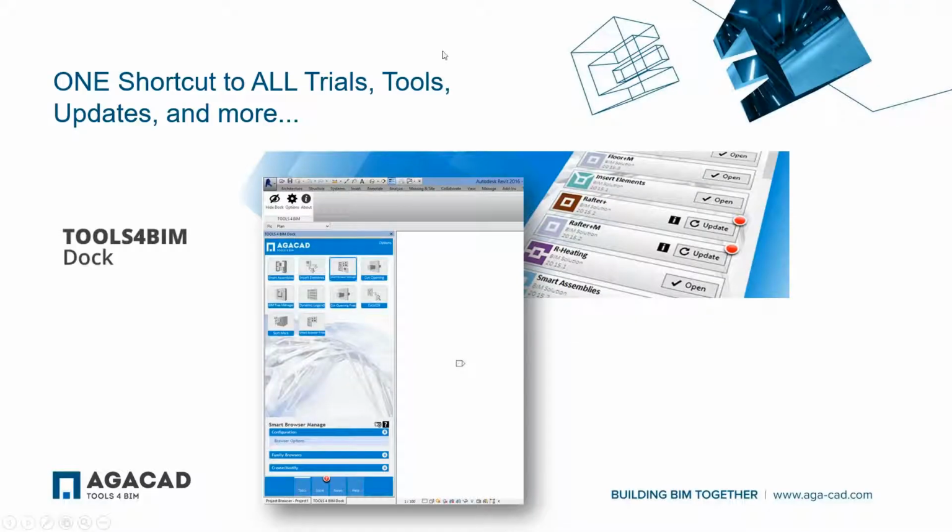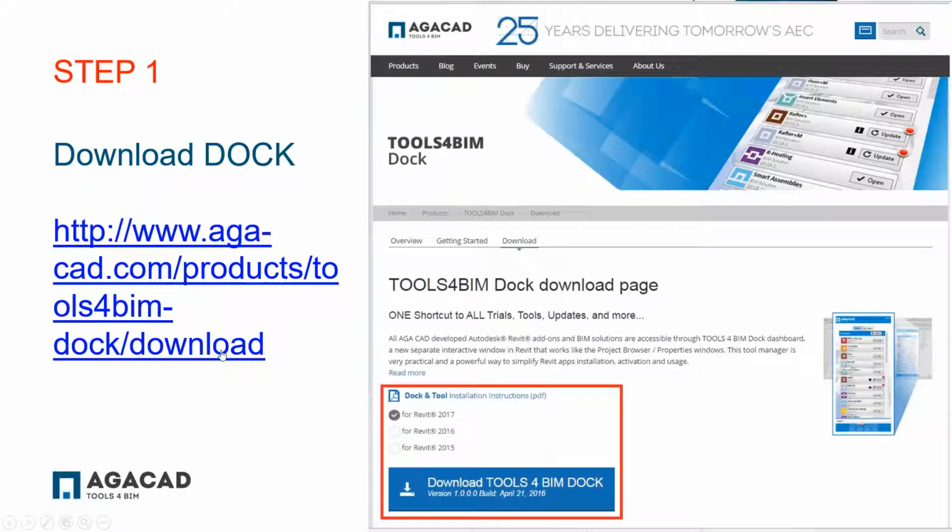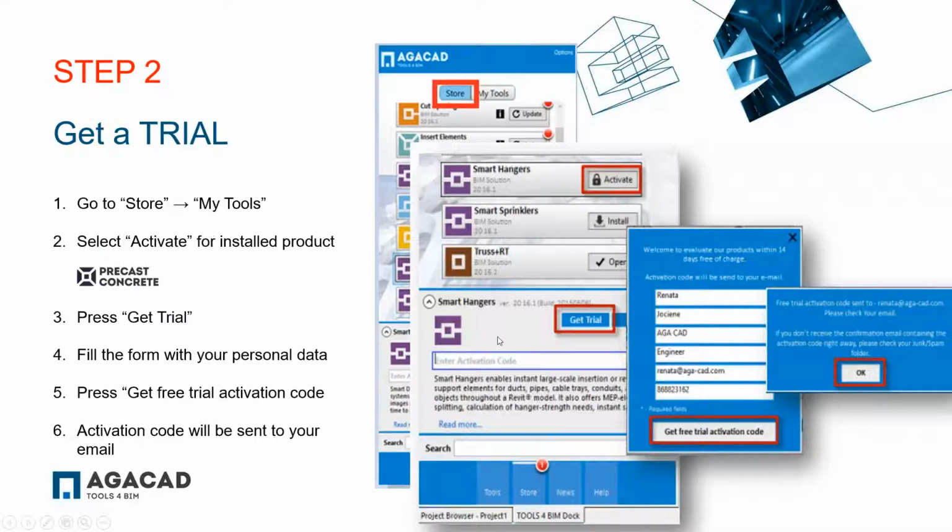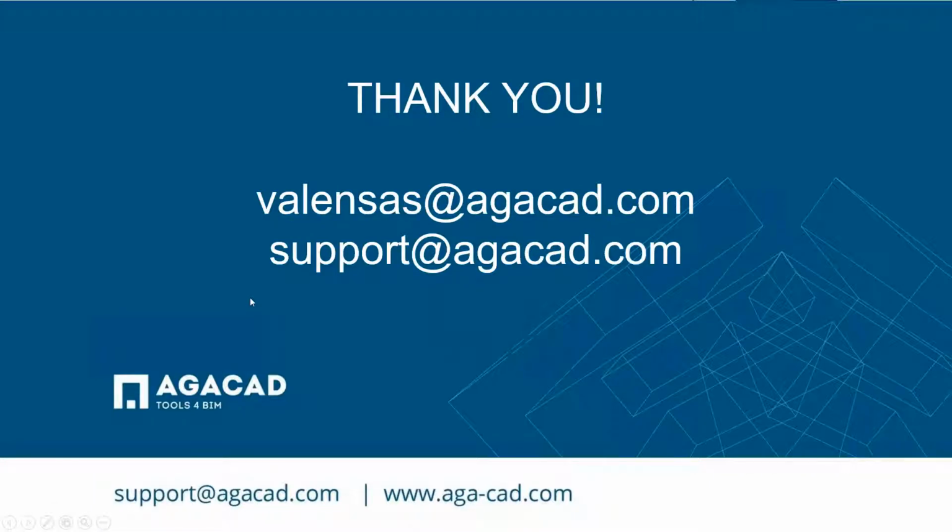You just need to download the Tools for BIM doc from our webpage and select the version you use. So it's 2017, 18, and 2019 will be released in just a couple of weeks. And here are instructions: you fill in the form, request the activation codes, and then you'll be able to get the trial.